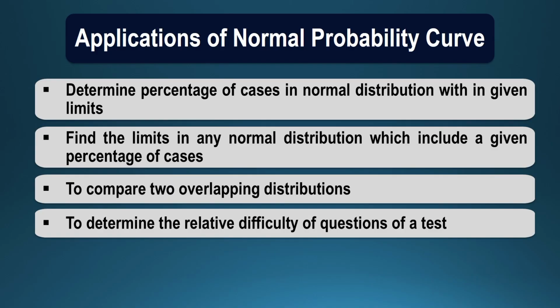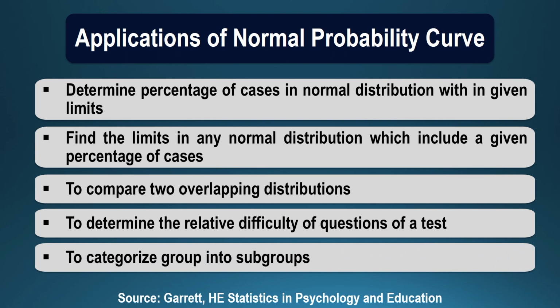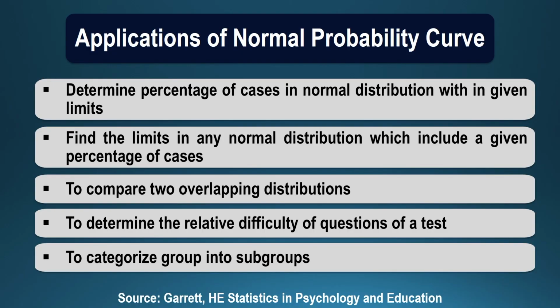In addition, if you would like to categorize your students into 5 categories or 3 categories, then you can also use normal probability curve. If you have the mean and the standard deviation, you can find out how many students need to be given grade A, how many need to be given grade B, or how many can be given grade C if you want to categorize your students on the basis of performance in 3 categories.